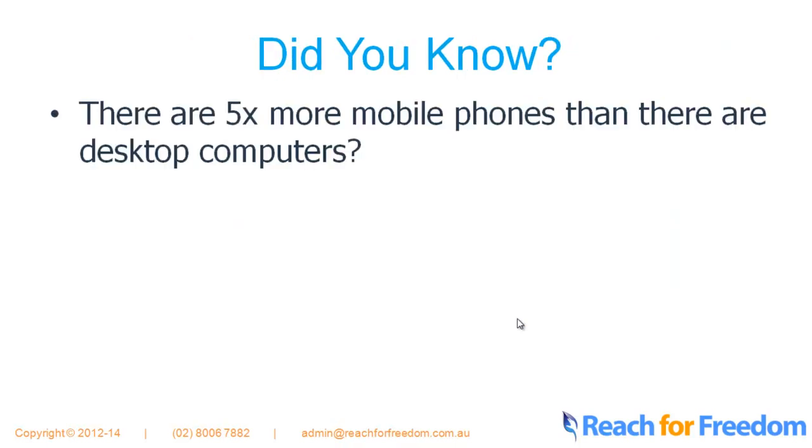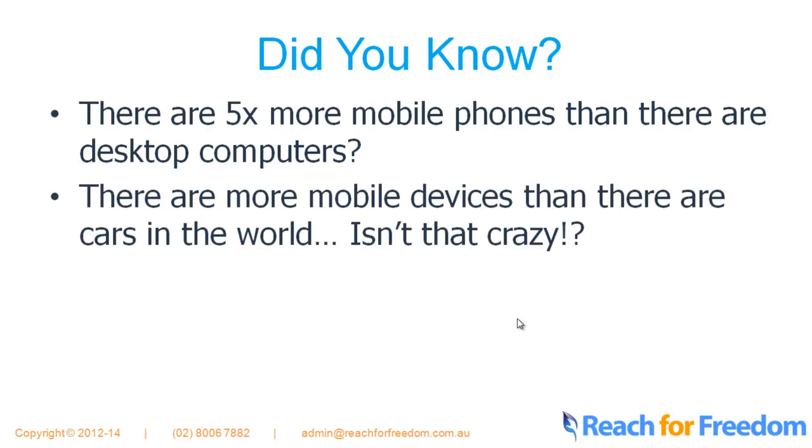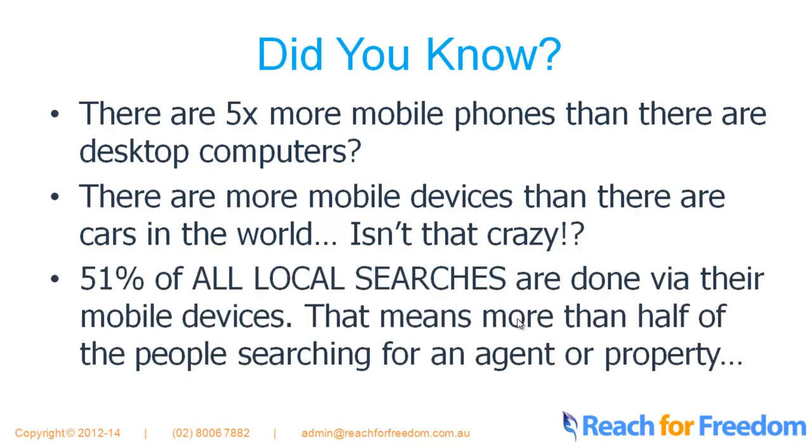Did you know there are 5 times more mobiles than desktop computers? There are more mobiles than cars in the world. Ain't that crazy? And 51% of all local searches are done via mobile. Okay, so that means half of people are searching on their mobile for their nearest agent or their nearest property, so it shows you the power there.